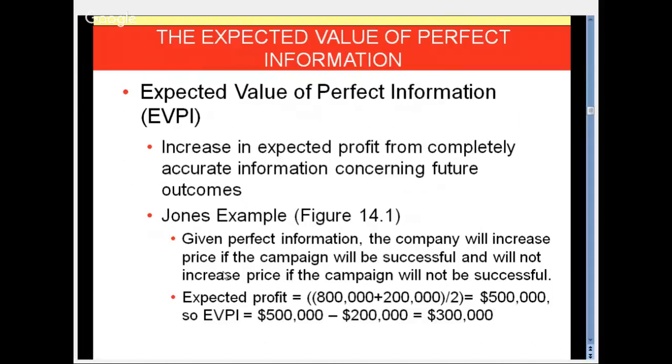The 200,000 is if I know things are going to go bad, I'm not going to increase price. So I get the 200,000, and of course then divide that by 2, our 2 options, is 500,000. I subtract off what I was going to do normally without the perfect information, the 200,000, and it gives me how much perfect information would be worth to me.